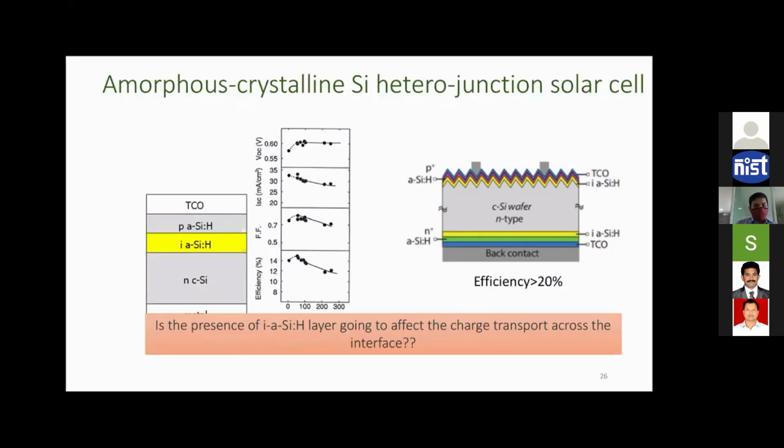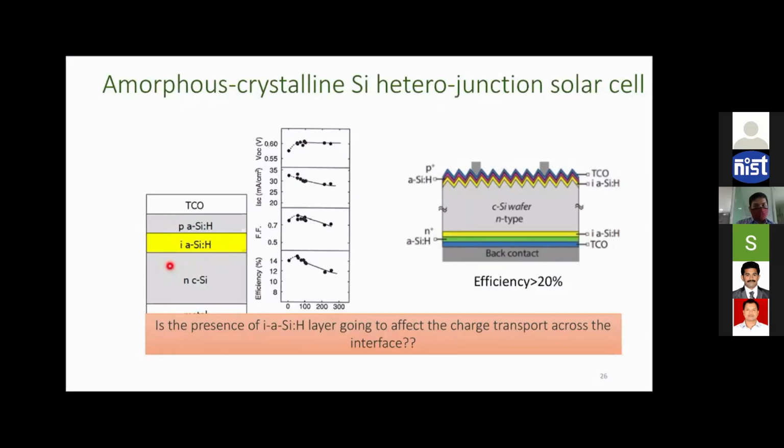But if you think, there still remains a question. I have told you that this intrinsic silicon is not doped, right? It is an undoped amorphous silicon. But we have discussed several times that for good transport of carriers across the heterojunction, you have to have high conductivity of your carrier transport layer. Then is it not that the presence of this intrinsic amorphous silicon is going to affect the charge transport across this interface?